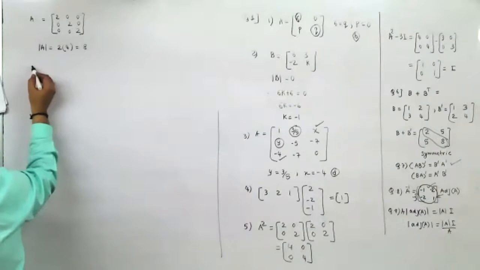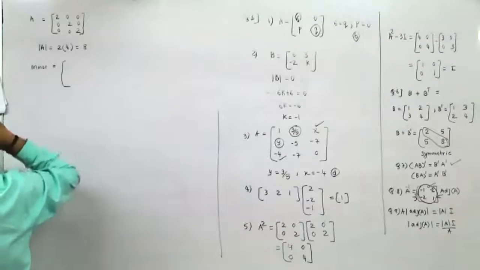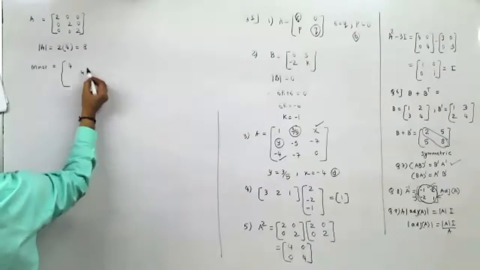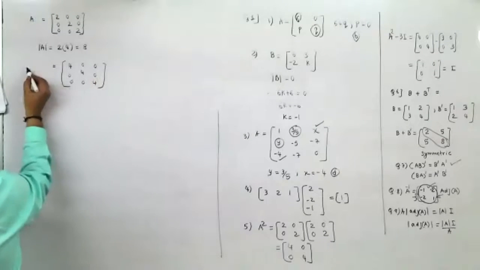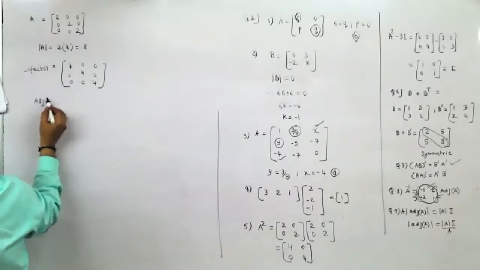For that I'll find minor. Minor would be, as I said, 4 here, then 4 here, 4 here, and 0 elsewhere. And cofactor would be same. Adjoint would also be same.